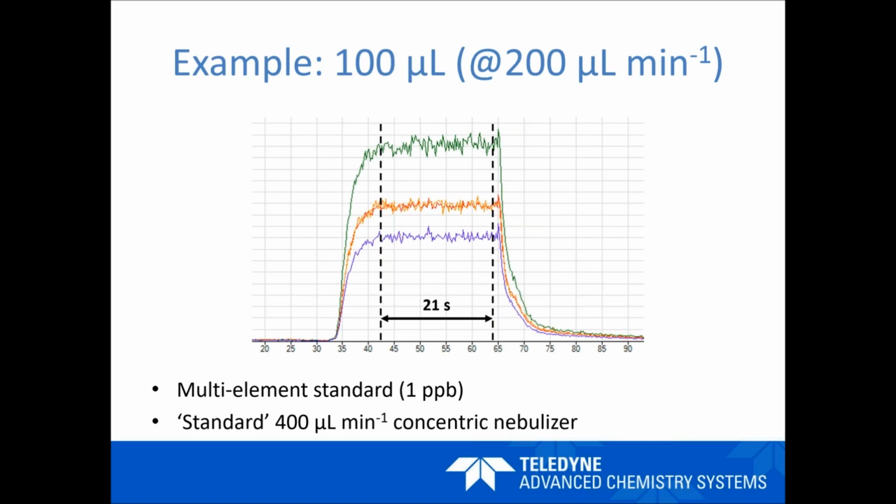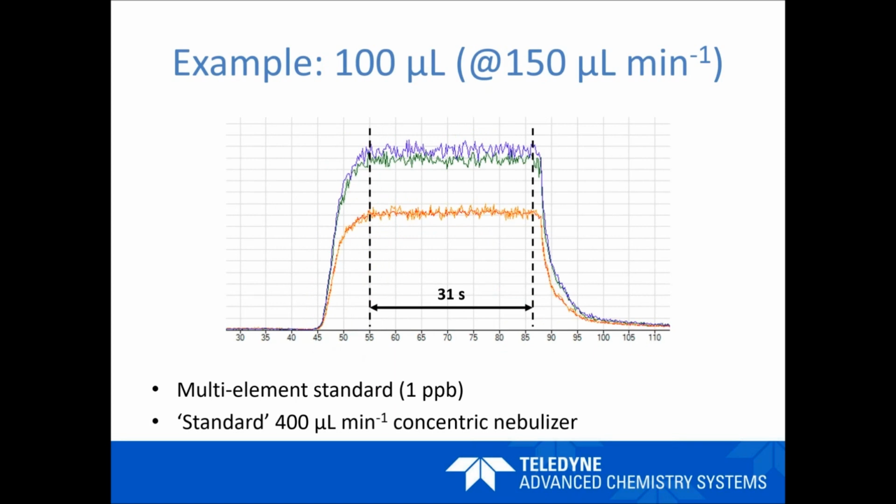So what happens if you just start playing with the introduction flow rates? If we do the same again, 100 microliters, introduce it at 50 microliters a minute less, at 150 microliters a minute. All of a sudden, we've still got stable measurement, but we've got 10 seconds more. Now, the latest generation, ICP-MS instrumentation development has been moving at a phenomenal rate over the last 30 years.